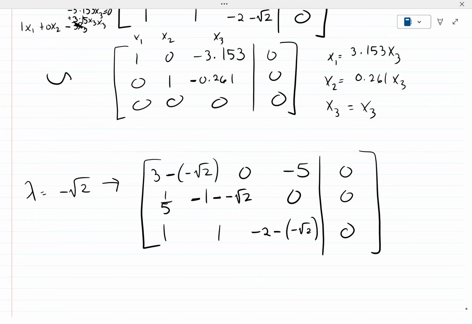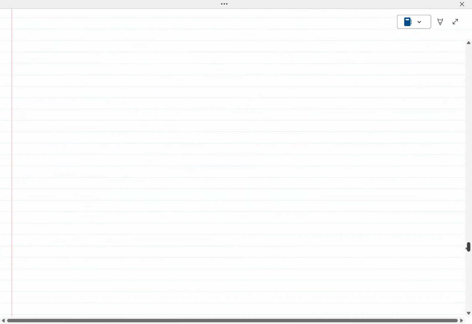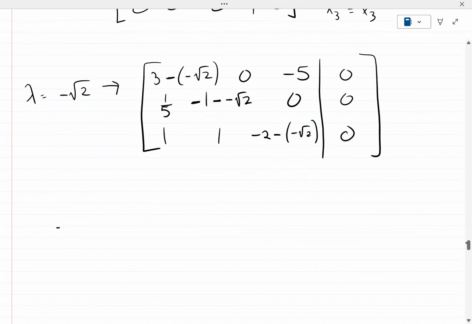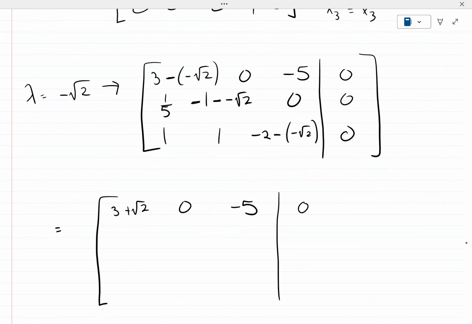And when you simplify this, this is going to give you 3 plus square root of 2, 0, minus 5. This is going to be 0, and then this is going to be 1/5. Negative 1 plus square root of 2, right? 2 negatives become a positive. This is going to be 1, 1, minus 2 plus square root of 2. 2 negatives, positive. And this is going to be 0.